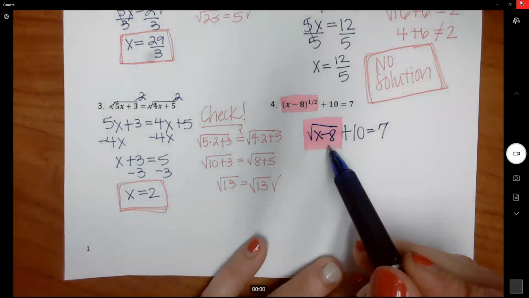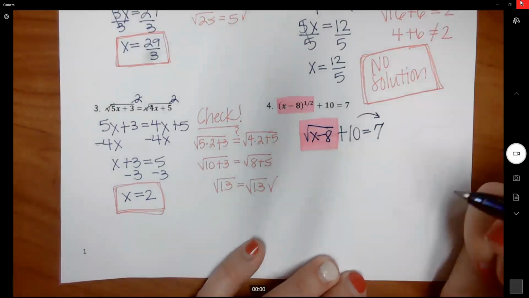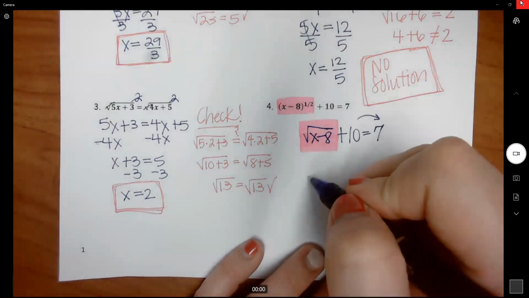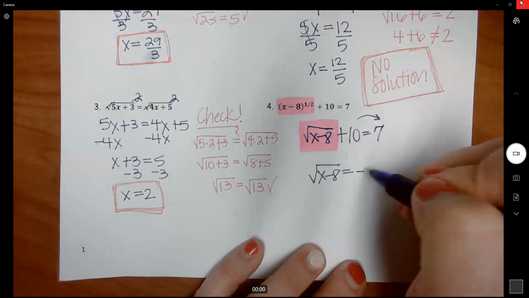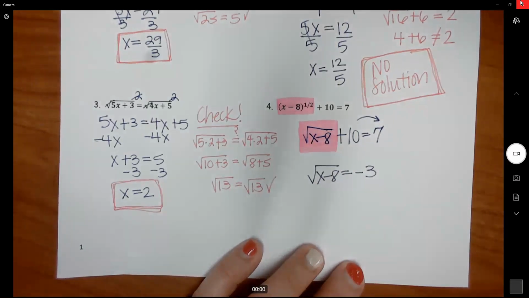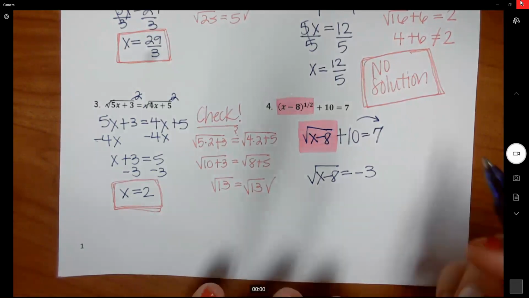So follow your steps. Isolate your radical. So we need to subtract our 10 over. Okay, let's keep going.